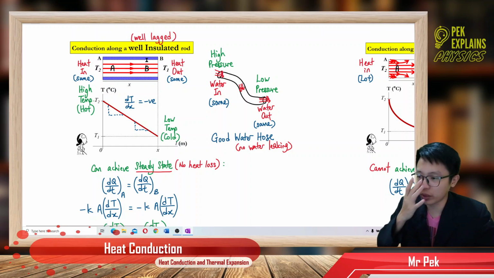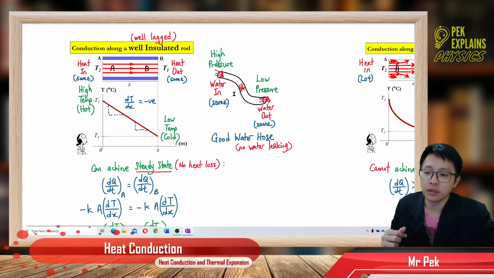We can imagine this well-insulated rod like a good water hose, where there's no water leaking from the center. All the water going in from one end will come out from the other end, because no water leaks from the center.